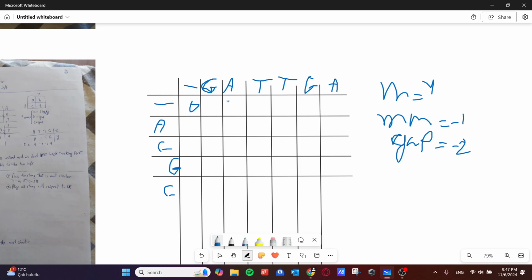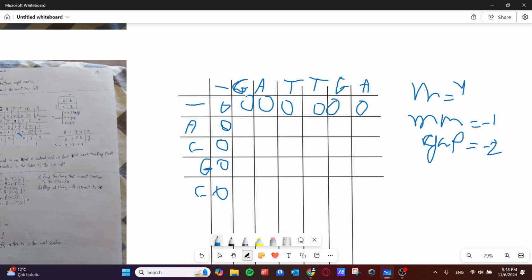We said negative numbers are not allowed, so put zeros instead. And one more thing, if you remember, I've said in the global alignment, these are connected, but in the local, they are not connected. Okay, this is the third difference.